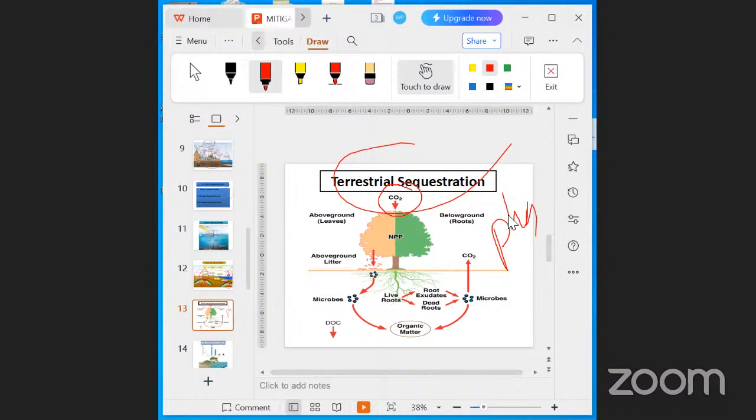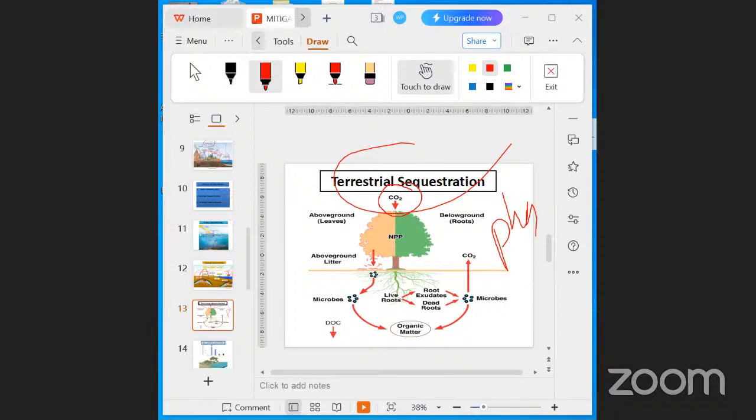And then when the plants die, what happens? They give the carbon back to the soil, and hence the soil also acts as a sink for carbon sequestration. So soils act as sequestration. This is called terrestrial sequestration.